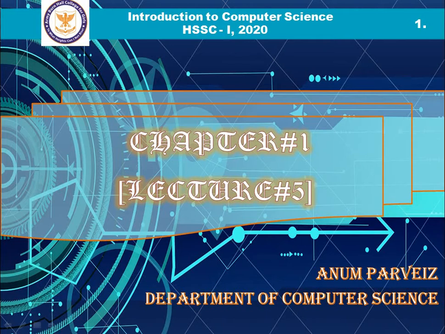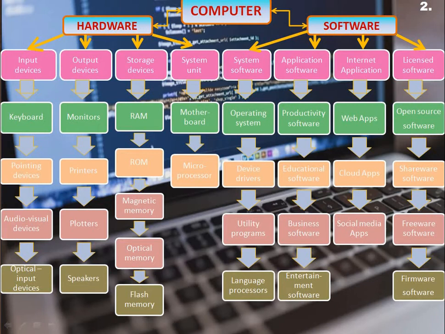Today we are going to indulge with the components of a computer. Today we are going to start this topic, components of a computer, specifically covering the topic software rather than the hardware. A computer has two types of components: hardware and software.